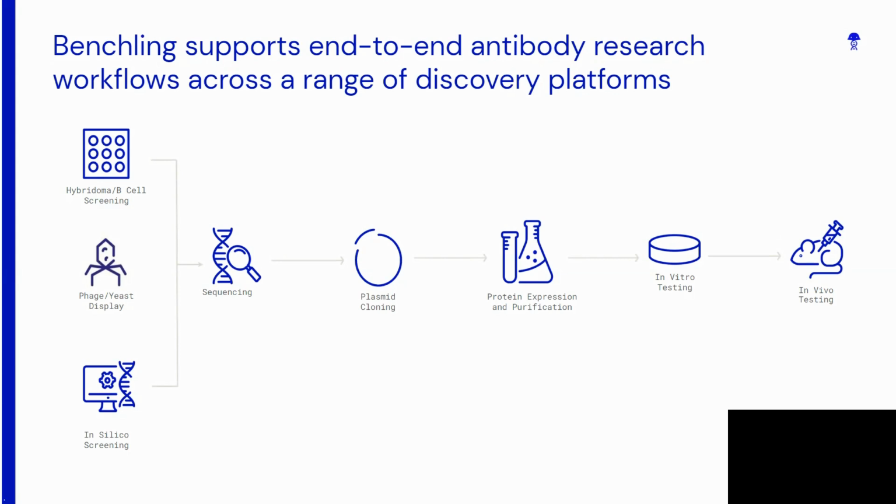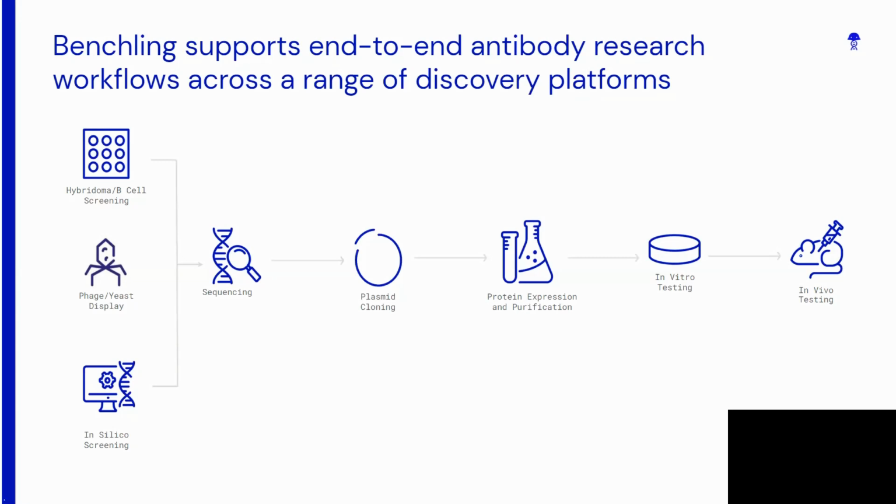What you see here is a common framework we see very often. It includes a discovery and screening phase with variations that represent different options, including hybridoma, B cells, phage, or yeast display, and in silico or computational screening, or any combination of these.